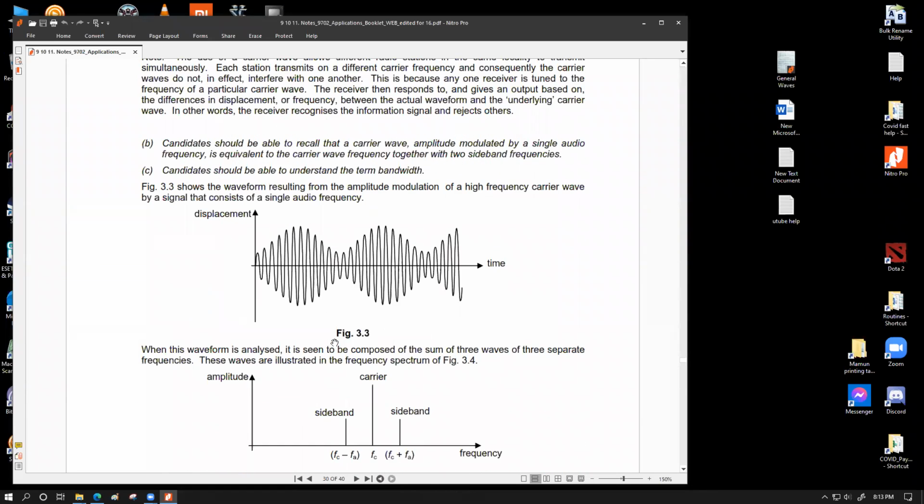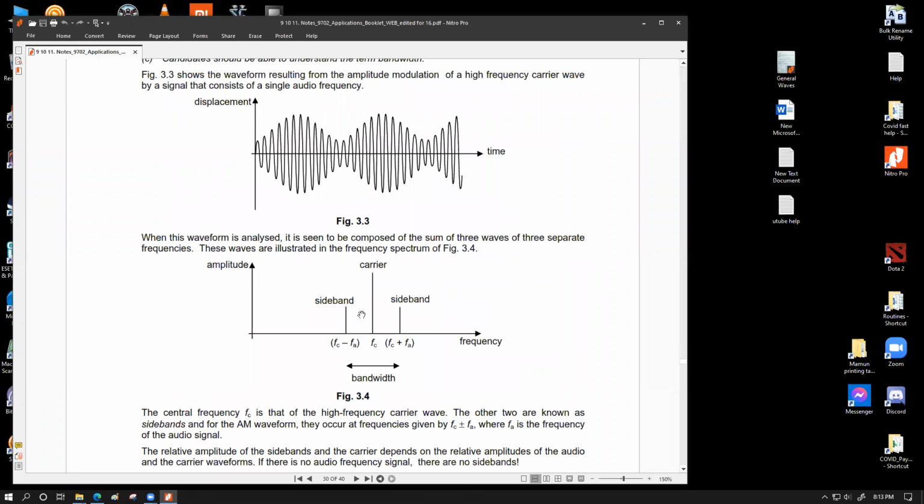So when we do the analysis, this will give us an amplitude versus frequency graph where the 100 hertz carrier wave will have the highest amplitude. We will have another sideband of 110 hertz and another sideband of 90 hertz. So this will be FC plus FA and FC minus FA, and this is the total meaning of the word bandwidth.